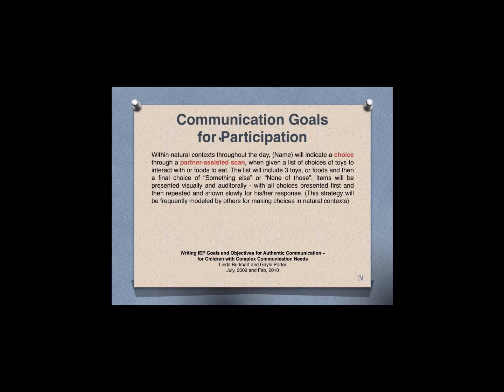So if they've been expressively using their system to, for example, choose the granola bar from a field of 3. Remember, we're looking at our core 4 this month. Different is one of them. Here's some sample IEP goal language around selecting a choice from a field of 3, as well as the options of something else, none of these, or given our core 4, something different.